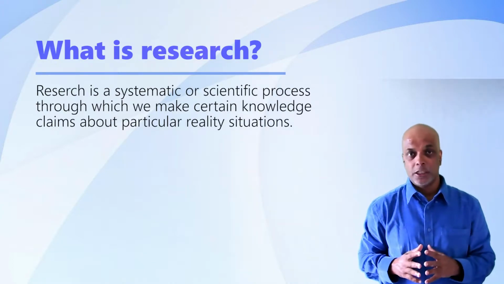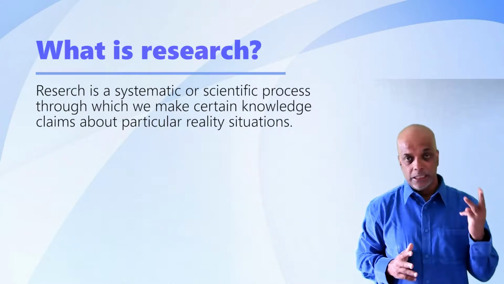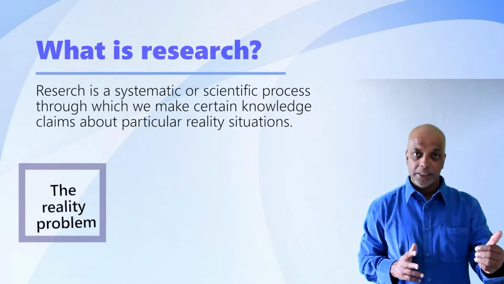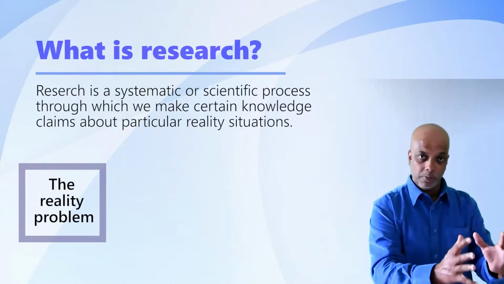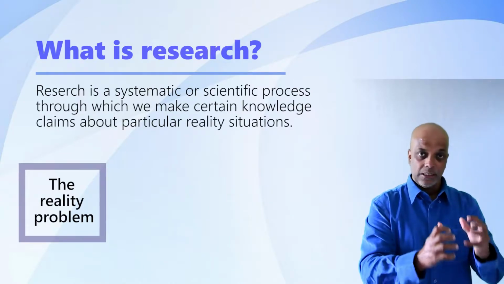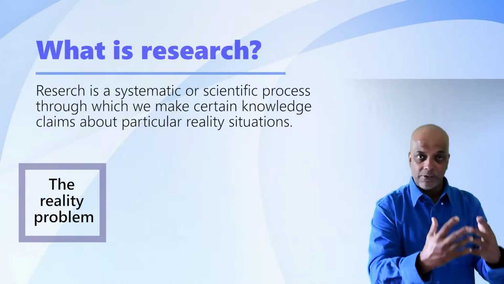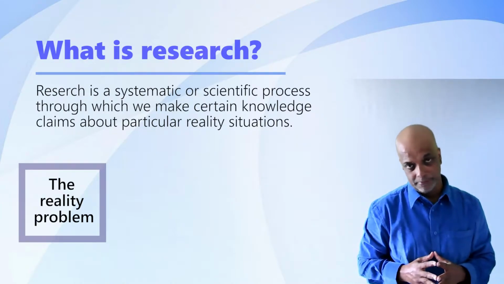Now, in this definition of research, there are three key elements. The first key element is that there should be a reality problem or a reality situation that we are trying to explore, that we are trying to understand, and that we are trying to explain.